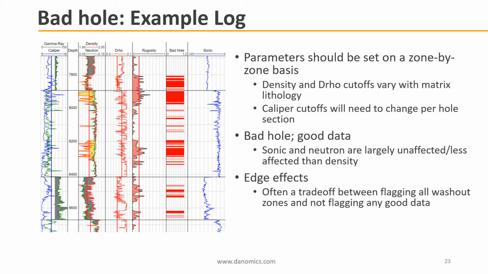Also, with that data, what you'll often notice is that there are some edge effects here where, as we're coming into and going out of the washouts, if we were to exactly draw our cutoff here, there's probably a couple of depth steps of washout that we're missing here. And so we often need to pad out our bad hole flags to account for that.